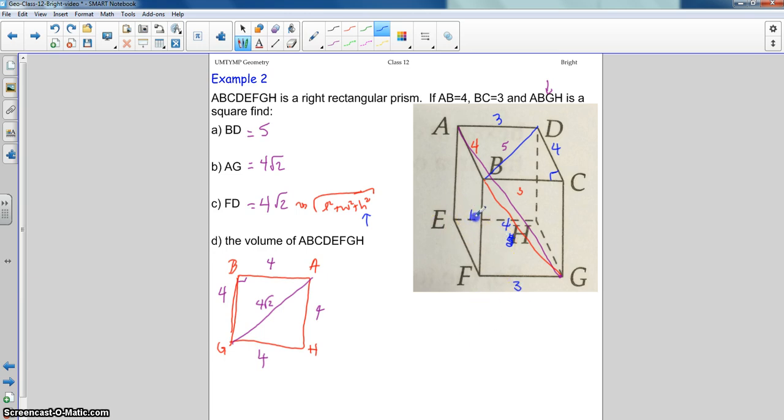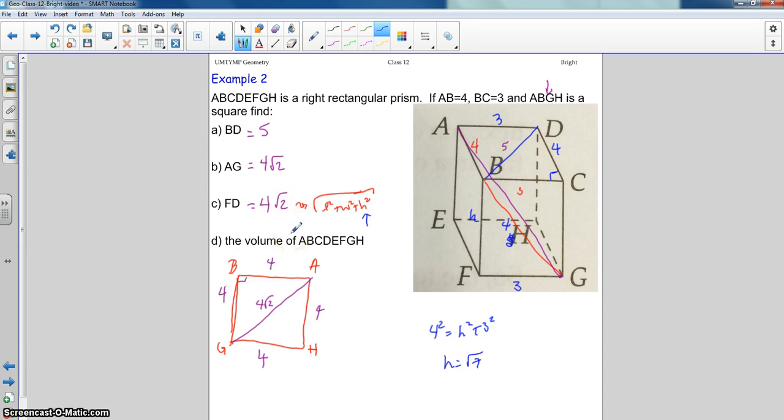And to determine this height, h, I can say, well, 4 squared should equal h squared plus 3 squared. And so after solving this, I would actually get that h is the square root of 7. And then as a result, I can plug this all in here and I'd get the same thing.